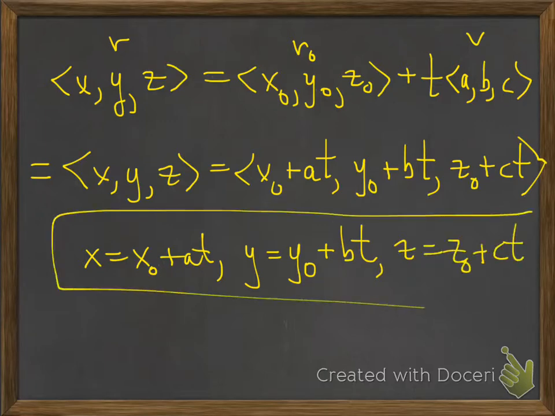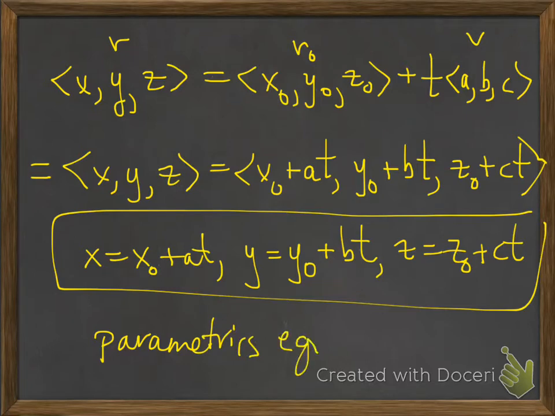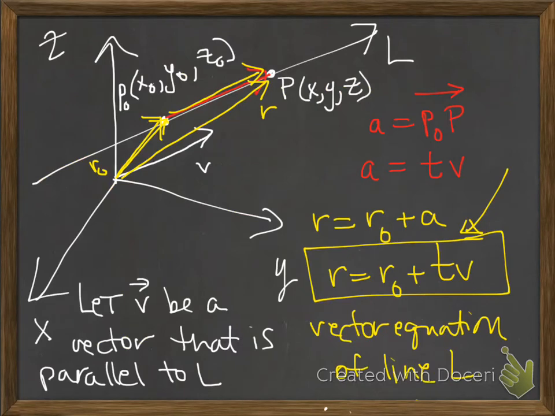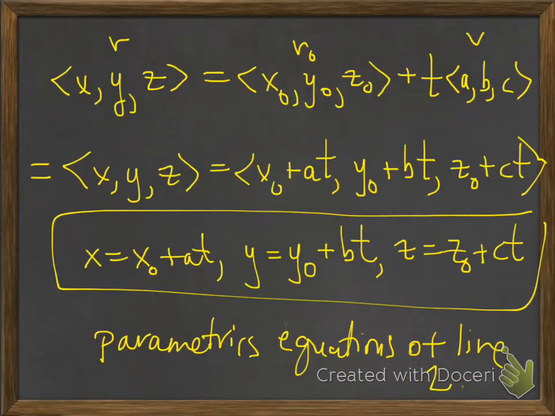And these three equations are called the parametric equations, with my parameter t, parametric equations of the line L. So on this board, we had the vector equation of my line, and it's defined entirely based on the position vector of my known point plus a scalar multiple of my known direction vector.